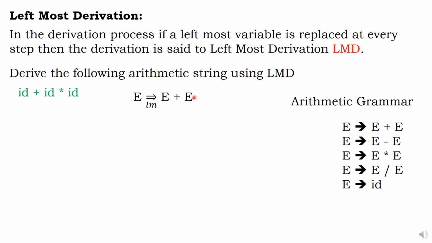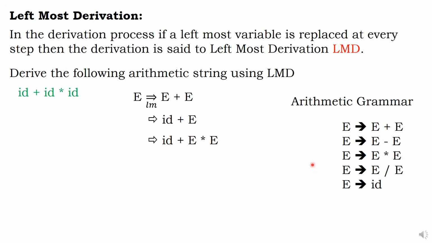Now you see, you started replacing this one, not allowed. Then that derivation is called leftmost derivation. What is that, sir? Don't replace this. First you replace this. Sir, what should I do? No problem. You replace it by ID. That's what I did: E I replace by ID. Now the left variable is replaced. Now there is only one variable, so you can go ahead replacing this E by E star E.